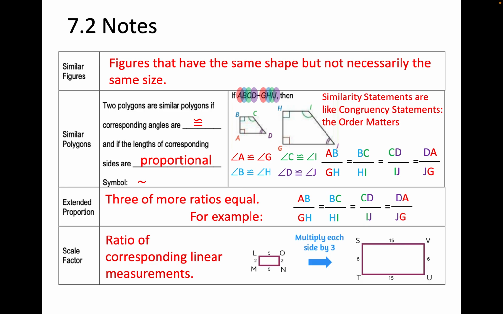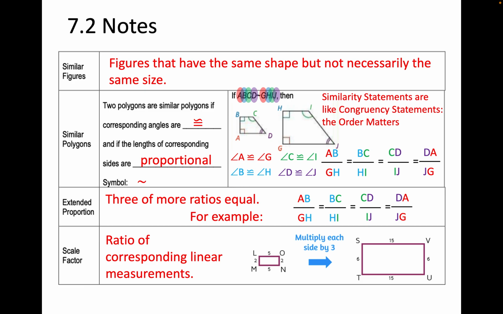Let's do a different example here. I've got these 2 rectangles here, LONM and SVUT. In all the sides on the rectangle to the left, so LO for example is 5, I multiplied by 3 to get the corresponding side on the right. So 5 becomes 15, 2 becomes 6, 5 becomes 15, and 2 becomes 6.